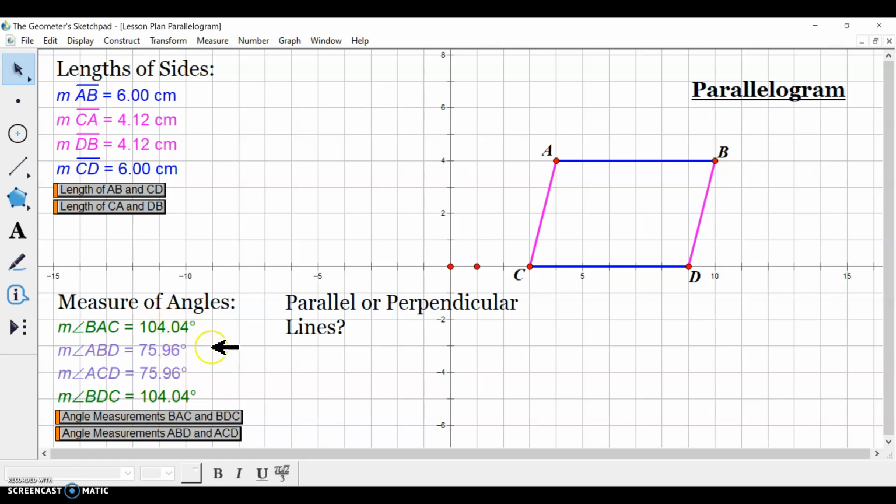We can also see that it has two sets of parallel lines. So segment AB and CD are parallel, and segment BD and CA are also parallel. So we can say two sets of parallel lines for that question right there.